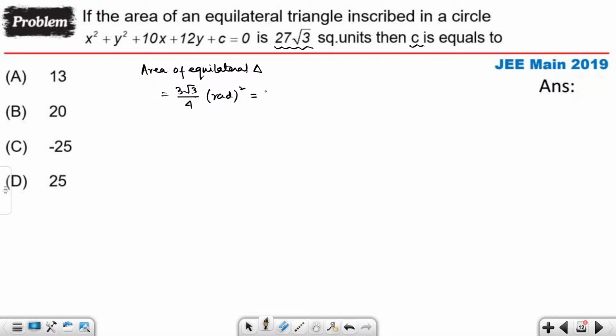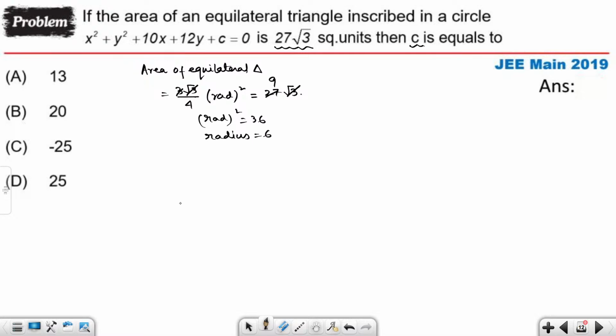This is equal to 27 root 3 that they have already given. So from here, let me just simplify this. Root 3 goes off, so you are getting radius square is 36.